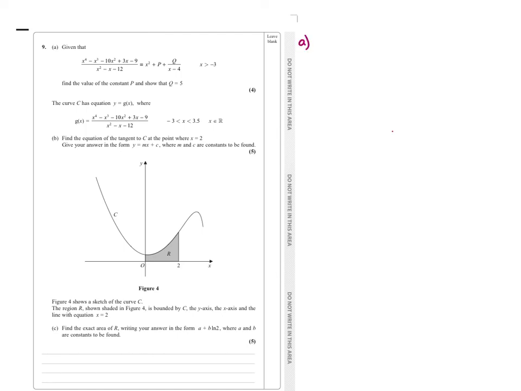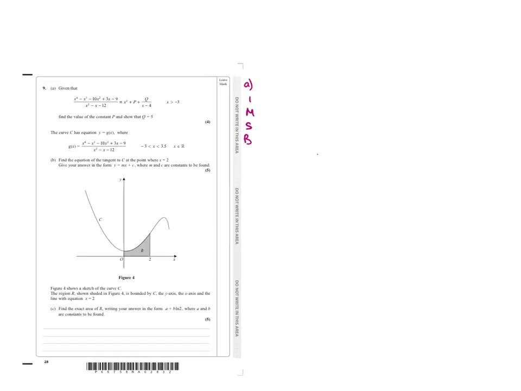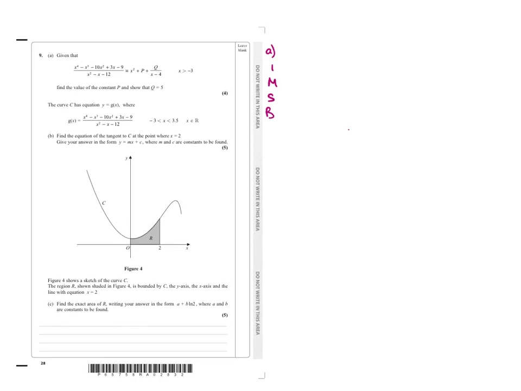Now, I'm a big fan of I'm a Silly Billy. Helps everyone remember what's going on. So we know we're dividing by, I'm just going to make it a bit smaller, x squared minus x minus 12. And we have x to the power of 4 minus x cubed minus 10x squared plus 3x minus 9.